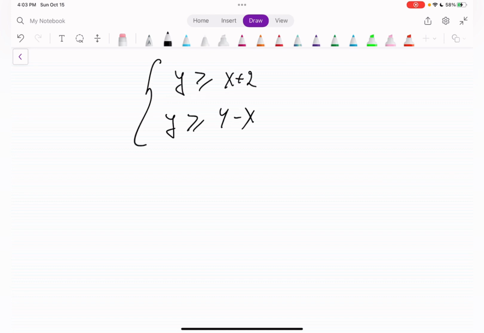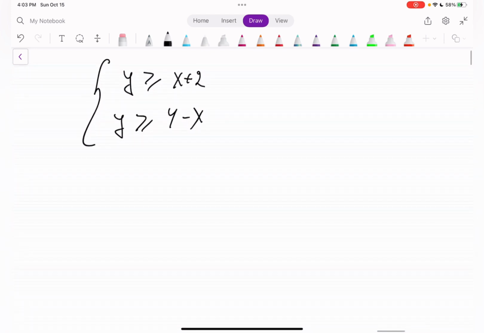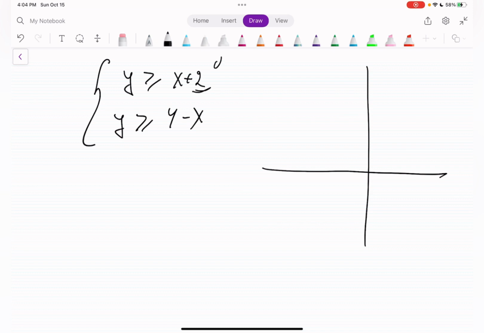First of all, we are going to graph each inequality separately. How am I going to graph this? The intercept is 0, comma 2, and our slope is going to be 1 over 1. We are using the format y equals mx plus b.